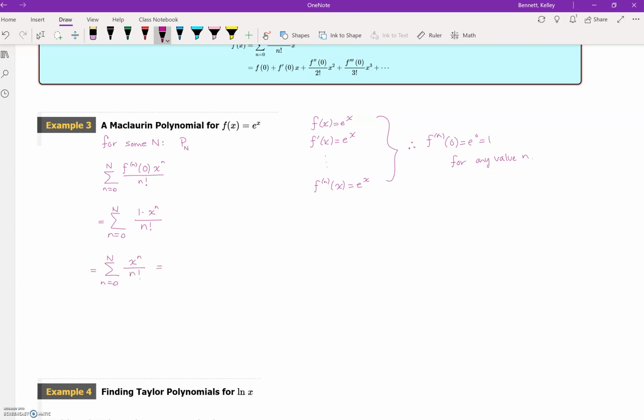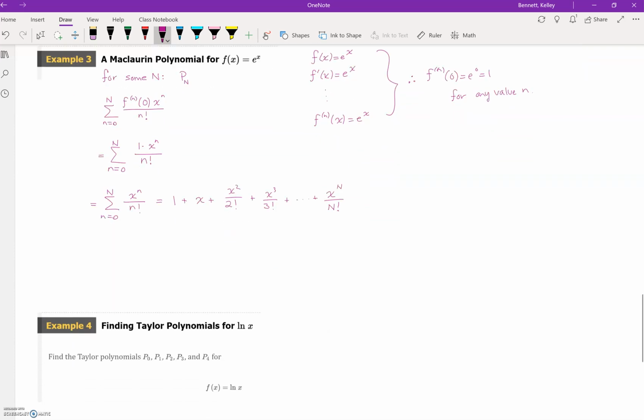And so that would just look like at 0, it's just going to be 1, and then it's x, and then it's x squared over 2 factorial plus x cubed over 3 factorial plus so on and so forth, all the way up to some general stopping point n, right? So I could have said, give me the 5th degree Maclaurin polynomial for f of x, and so we would know that this capital N is 5.